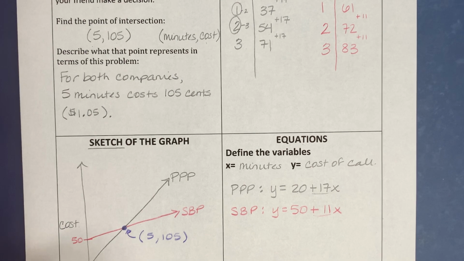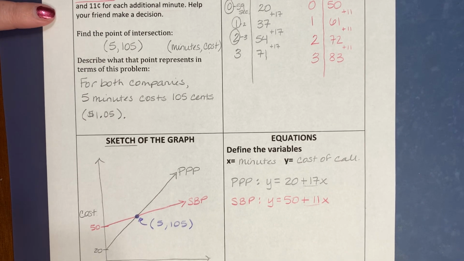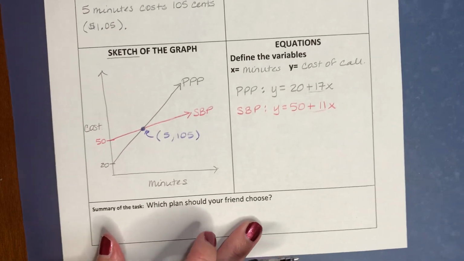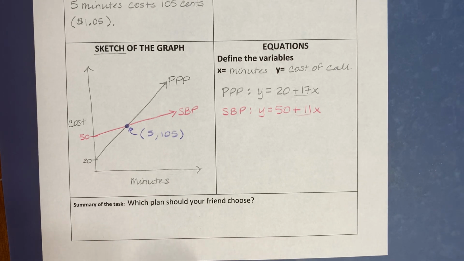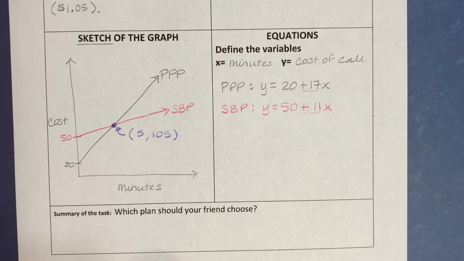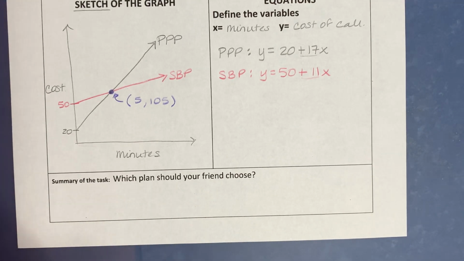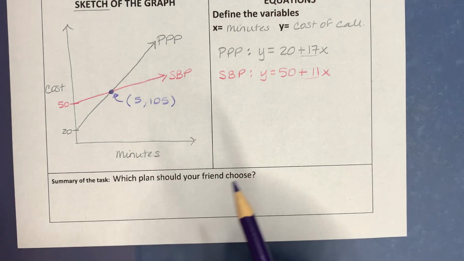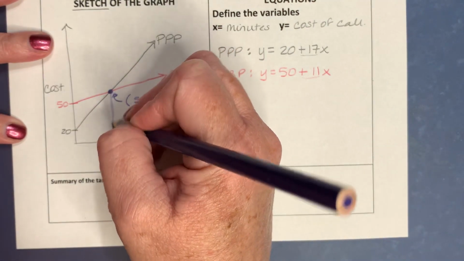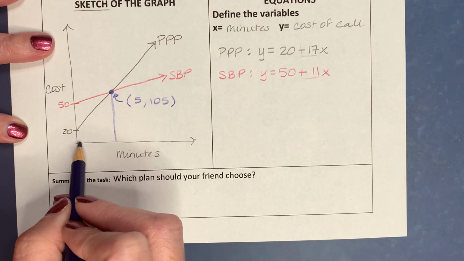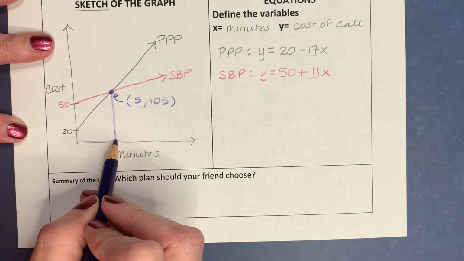Now here's the whole gist of the problem. Which do I tell my friend to use? Hey friend, which one should I use? This is all dependent on how long of phone calls he's going to make. So if you look real close, which company is cheaper up until 5 minutes?